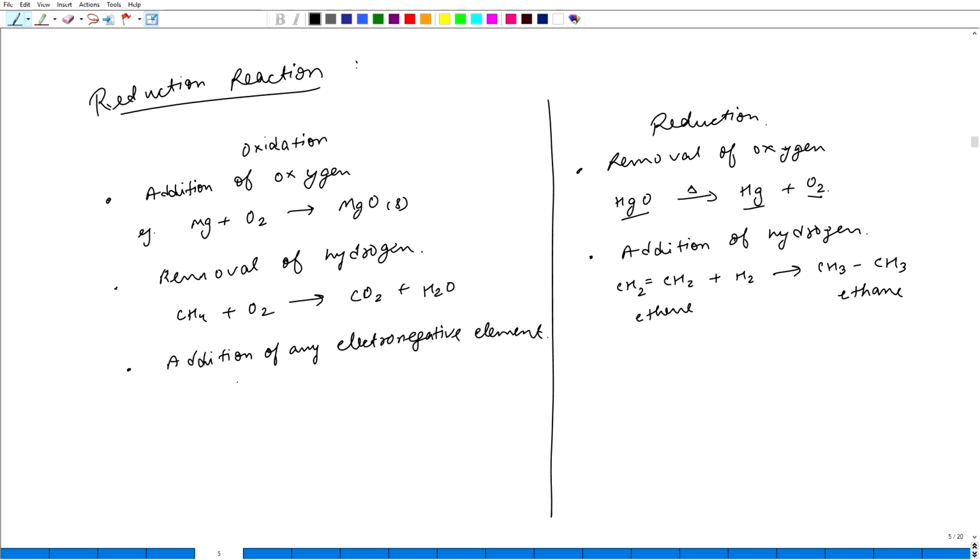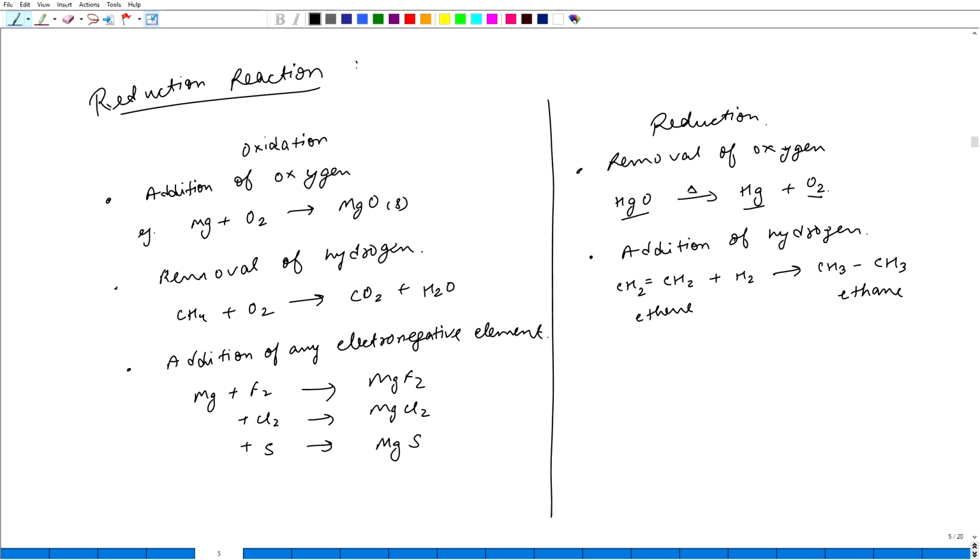For example, we have seen magnesium reacting with F2, Cl2 or say sulfur to form MgF2, MgCl2 and MgS. So, this has been addition of electronegative atom, an oxidation reaction.